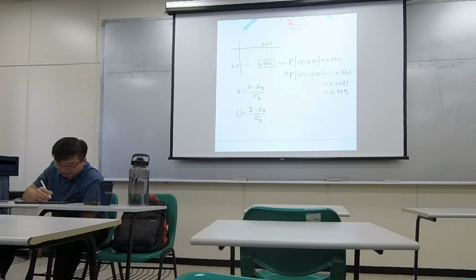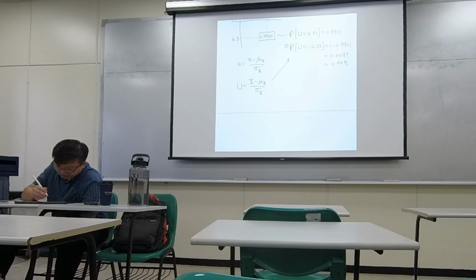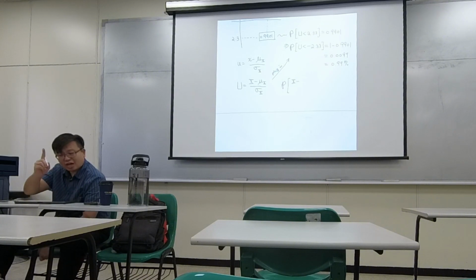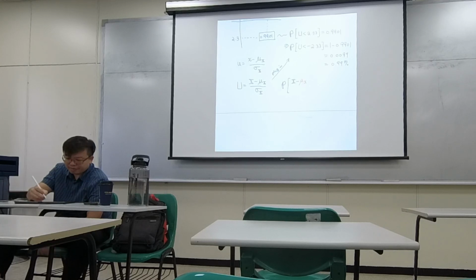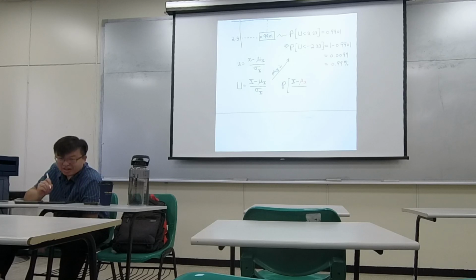Okay, so I just plug it in. I will plug it in such a way that X remains X, minus mu, but this time I keep mu unknown, okay? And then, what is my sigma? My sigma is 1. And smaller than this, right?